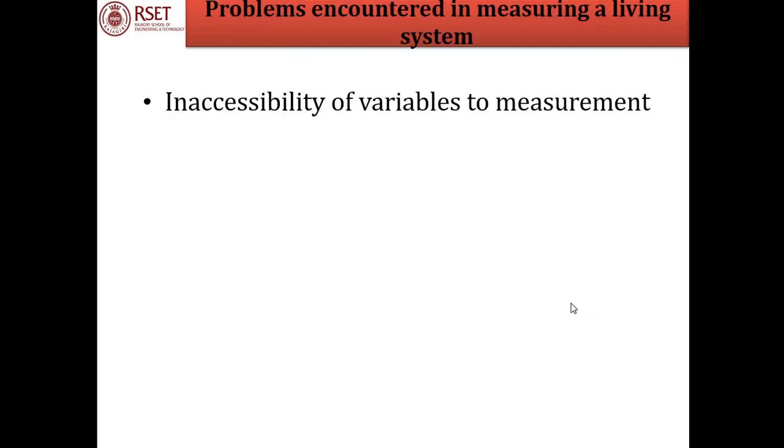Now let us see what are the problems encountered in measuring a living system. The first and foremost problem encountered is the difficulty in measuring the variables, especially when it is inaccessible. So it is an important problem in attempting measurements from a living system, as it is very difficult to gain access to the variable that is being measured.